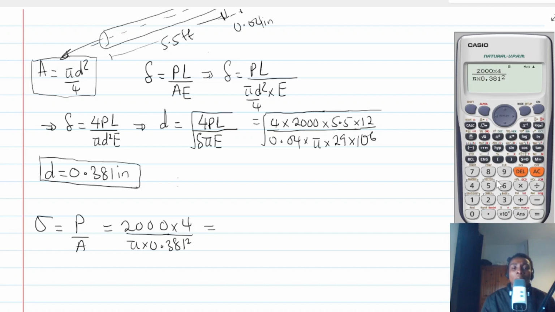If we do this, the stress is going to be 17,542 psi. All right, so the problem has been solved. Now let's move to the next part of the question.